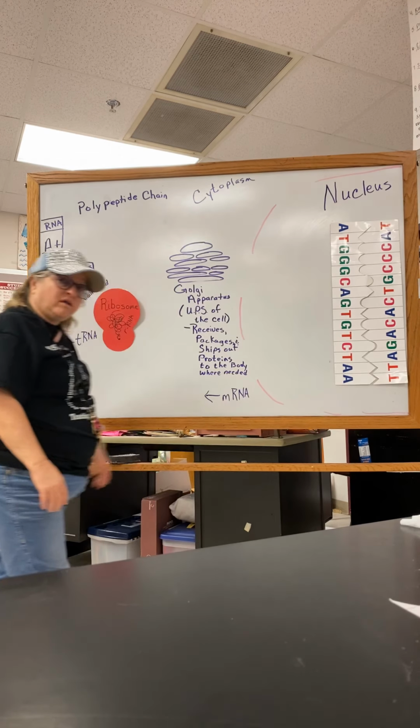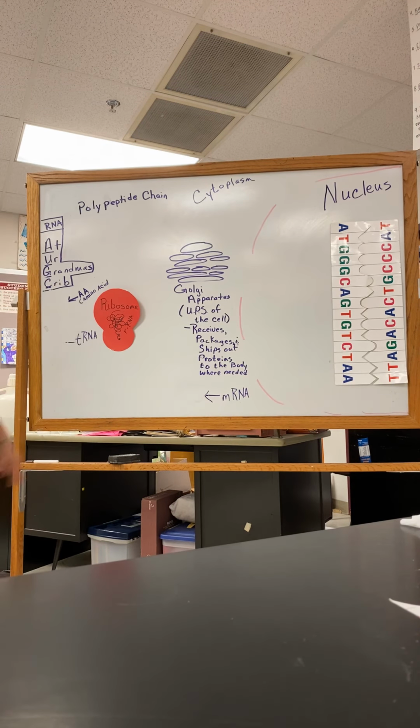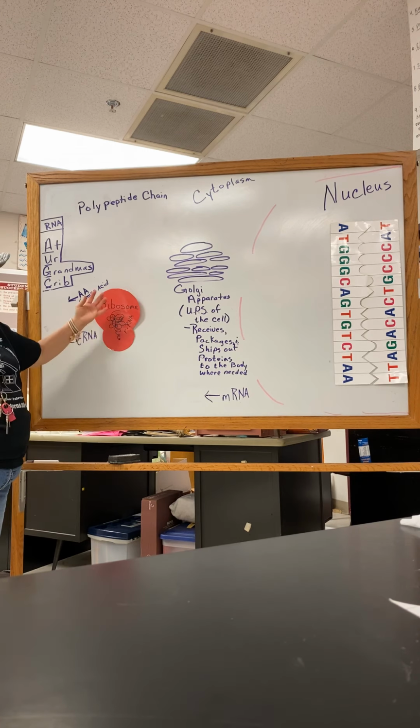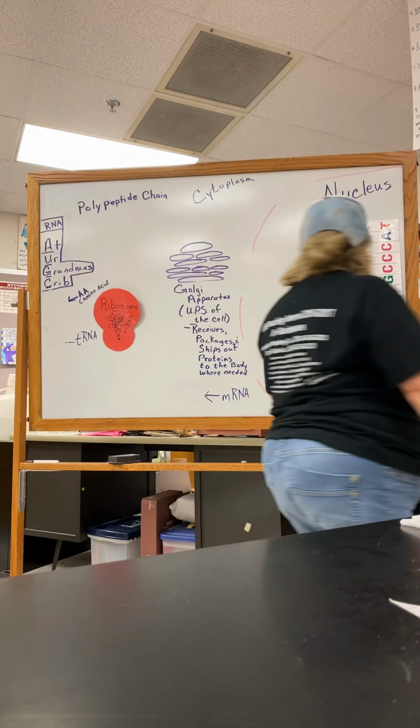DNA has all of the instructions for how to build a protein. So what does DNA have to do? It wants to send a message to the ribosome, because the ribosome, as you recall from our unit on the cell, makes proteins. So what does the DNA do?